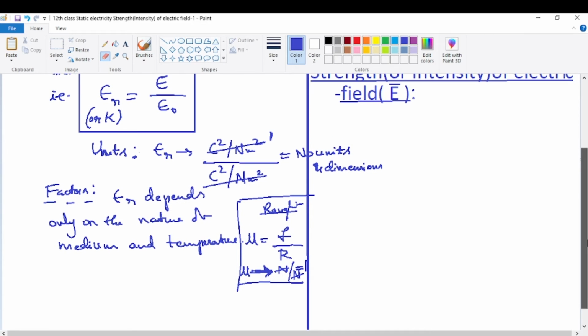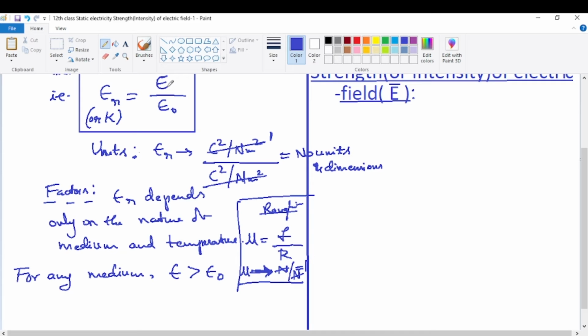Later, a little later it will be coming more clearly. So for any medium, compared to free space, that means compared to vacuum, exactly speaking vacuum or roughly air or vacuum, the permittivity of the medium will be always greater than permittivity of free space.